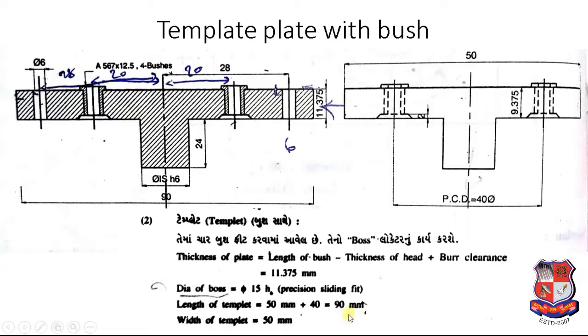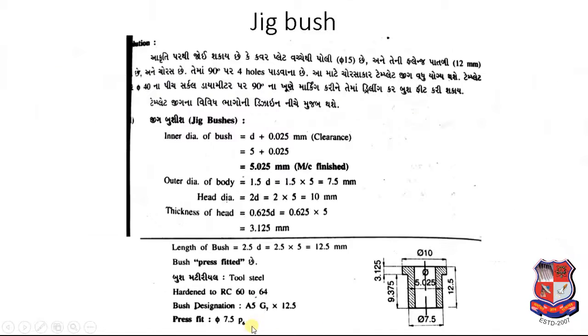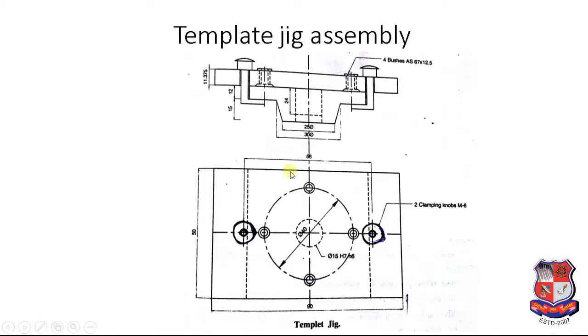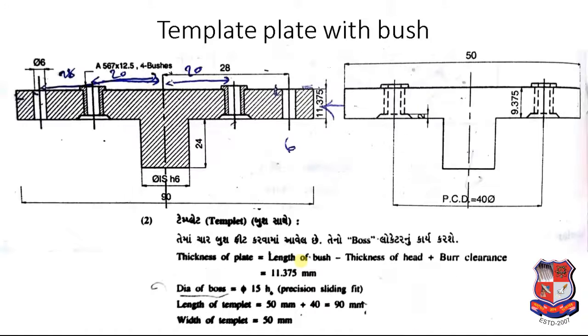So length of template plate will be 90 mm. Width of template plate will be equal to width of component. So we need not provide extra dimension on the width side of template plate. So this is the dimension of template plate: thickness, length and width.